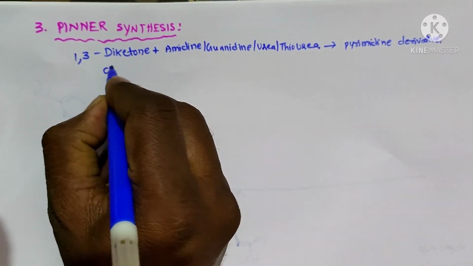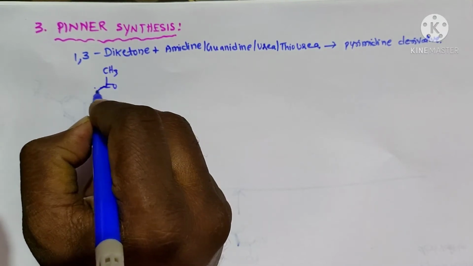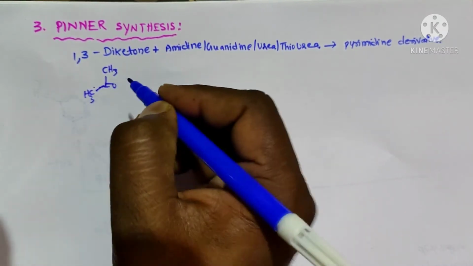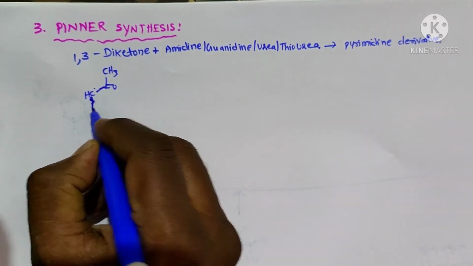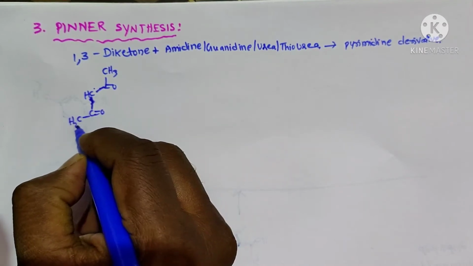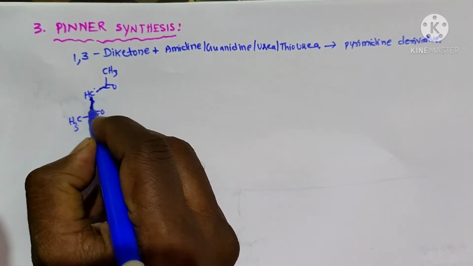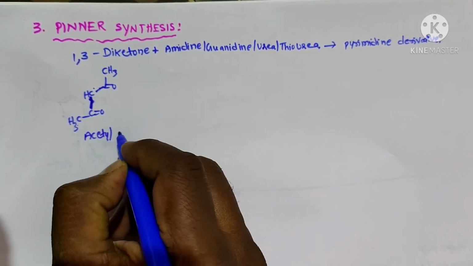We know the formula of acetone, CH3 C double bond O CH3. In place of one hydrogen, if you write an acetyl group, that becomes acetyl acetone. The CH3CO group is known as acetyl. So now we call it acetyl acetone.